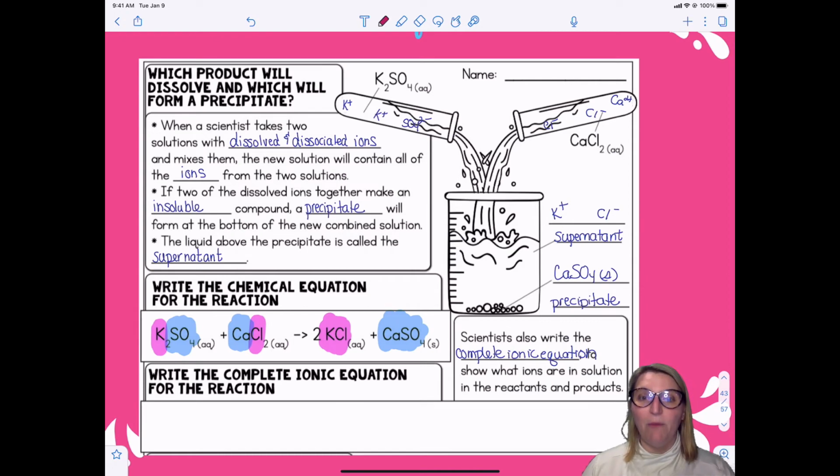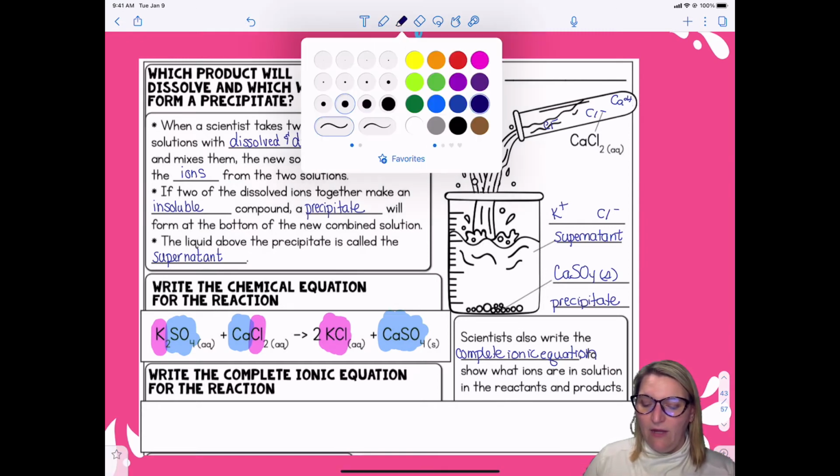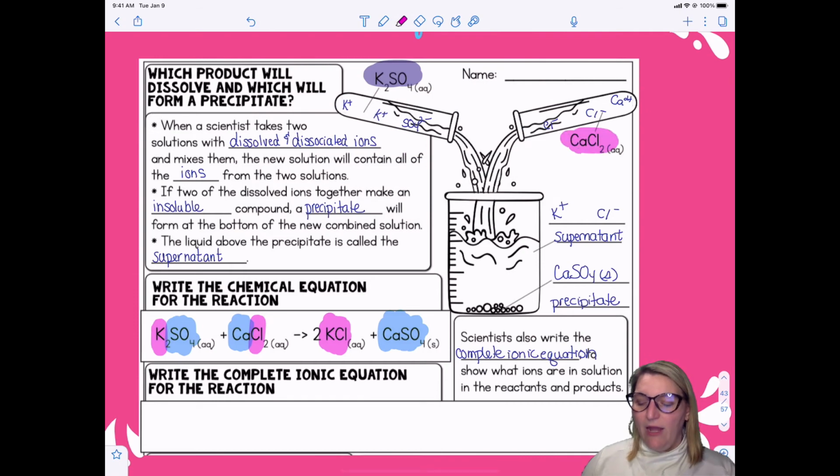And you'll see that at the bottom of the solution. That was when we saw the drops form like a cloudy sort of mixture. The liquid above the precipitate is called the supernatant. Think of super as meaning above. So if you look at the picture in the two test tubes, we have potassium sulfate and we have calcium chloride. And when I drew them in there, I drew them aqueous.